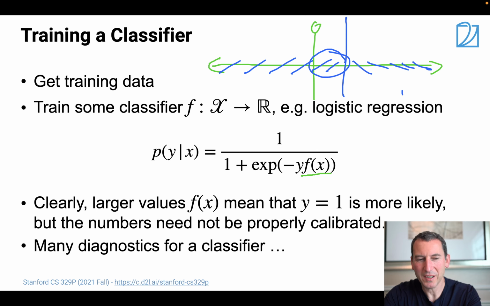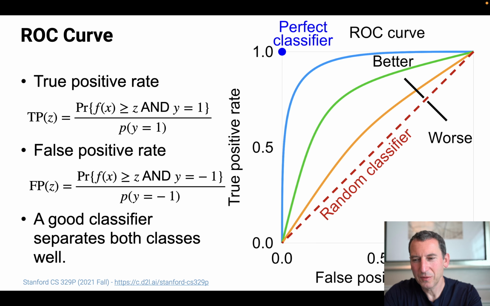Now, there are a lot of diagnostics to assess how such a classifier works, and this is going to get us closer to the issue of, well, how do we know that our system is fair? One thing you can do is look at the ROC curve.